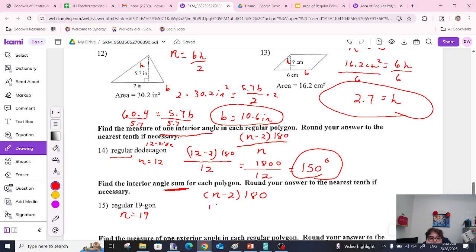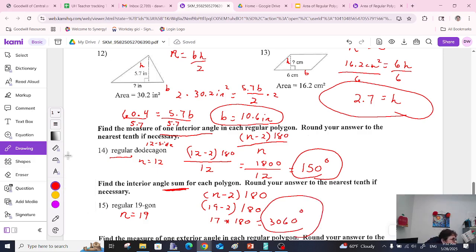So I just do 19 minus 2 times 180. So 17 times 180. What is 17 times 180? 3,060, like that, and degrees. And that'd be the total because it says sum.